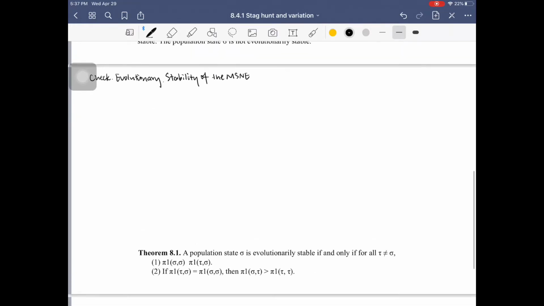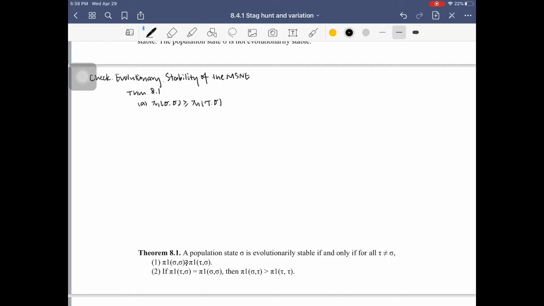So by theorem 8.1, for the criteria A, there is a typo. For the criteria A, pi 1 sigma sigma needs to be greater or equal to pi 1 tau sigma.